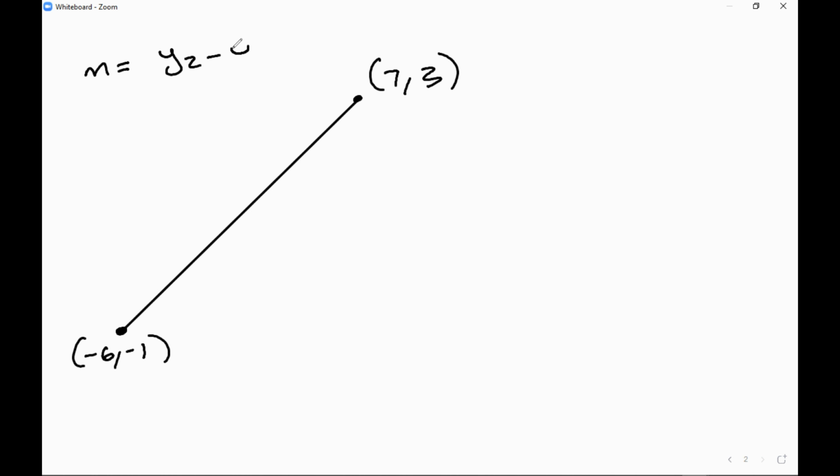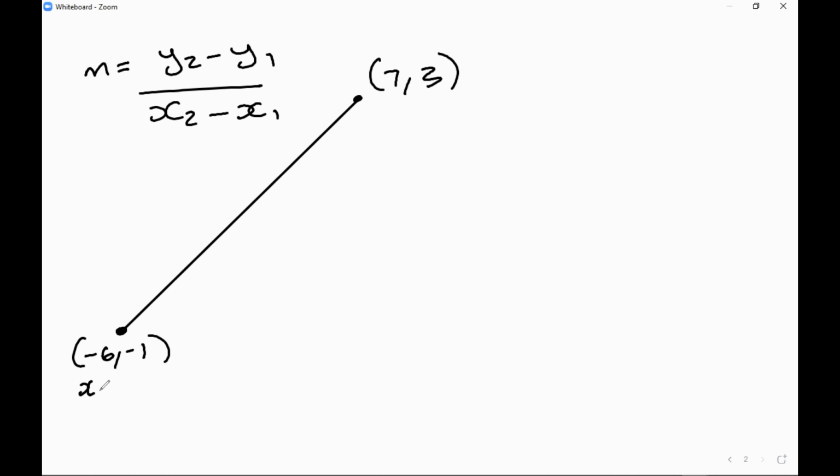Let's keep that formula in mind. Let's suppose this is negative 6 and negative 1, and it goes into the positive, let's say 7 and 3. Remember, the gradient formula is given by y2 minus y1 divided by x2 minus x1.